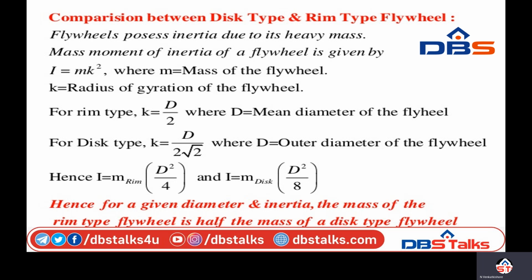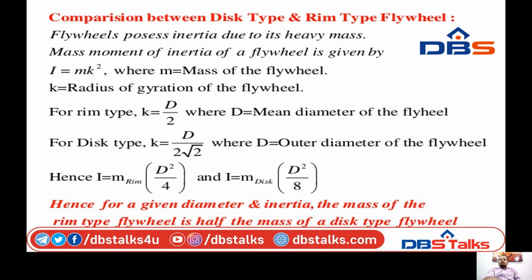In the disk type, d is the outer diameter of the flywheel. So in the disk type we use the entire outer diameter, but in the rim type we calculate the mean diameter of the flywheel.